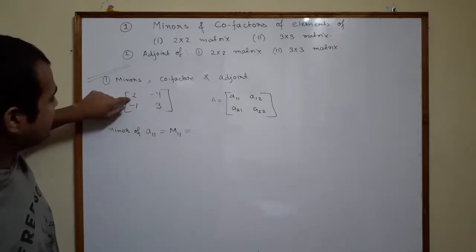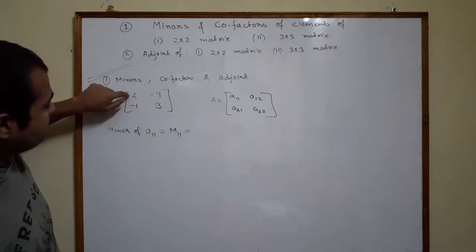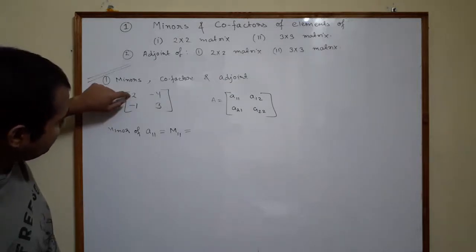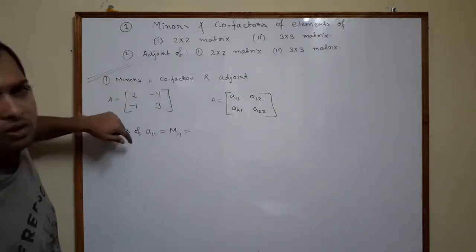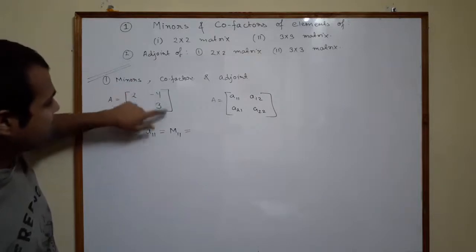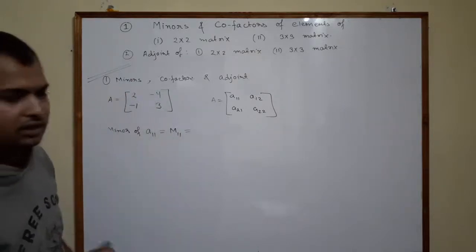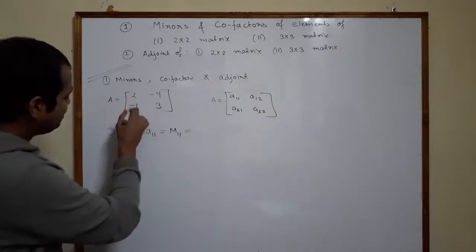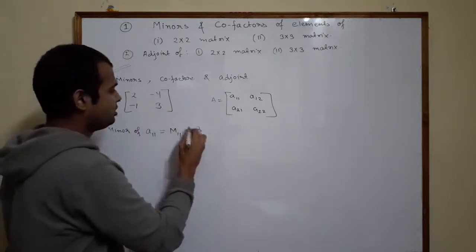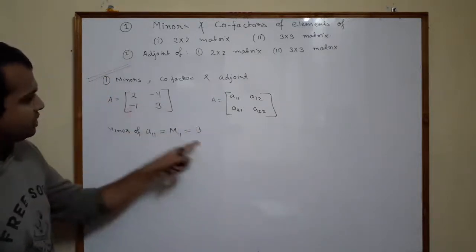Whatever we are left with is the minor. Here we are left with 3, so the minor of this 2 is 3.